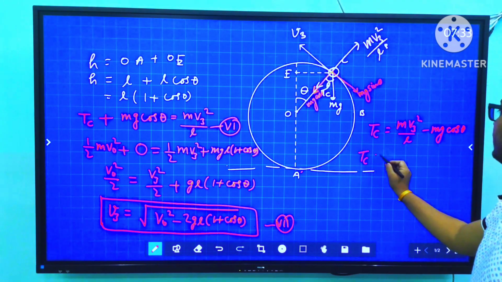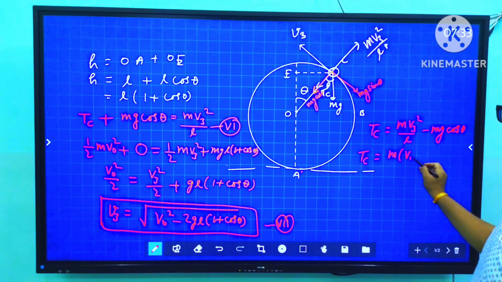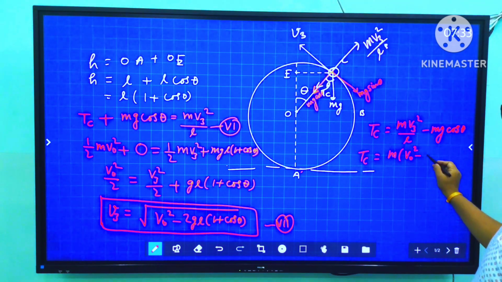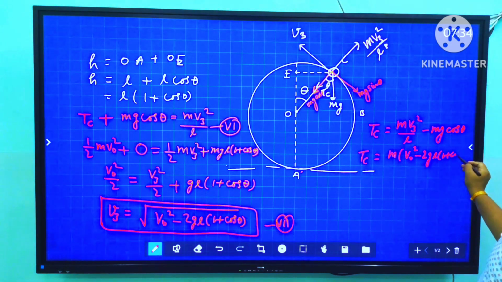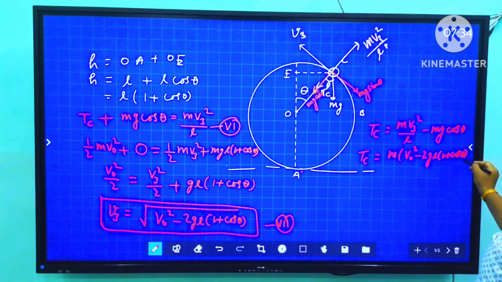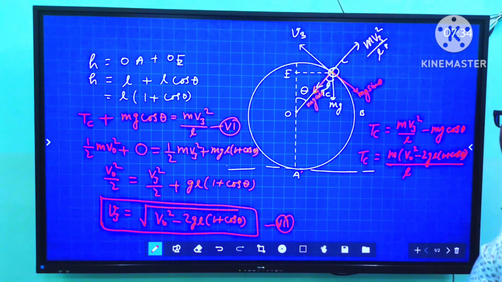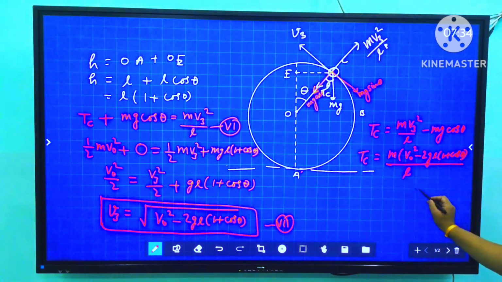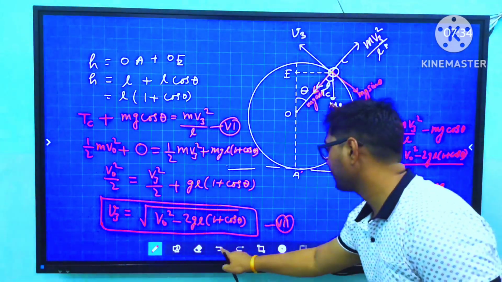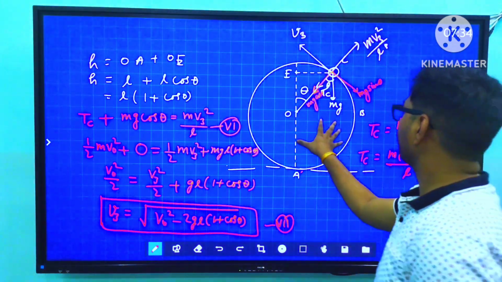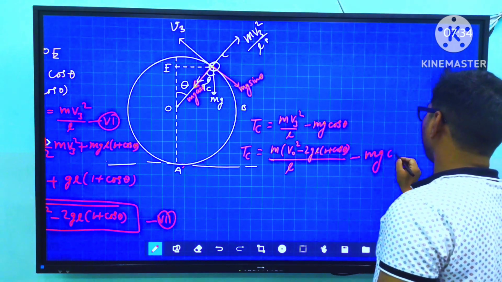The tension at point C will be m times V0 square minus 2gL(1 plus cos theta), divided by L, minus mg cos theta.